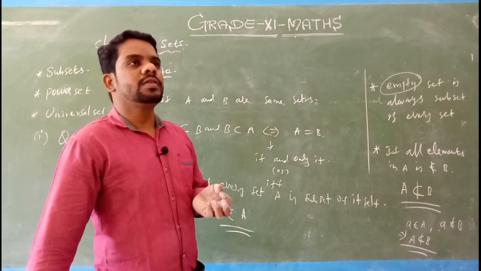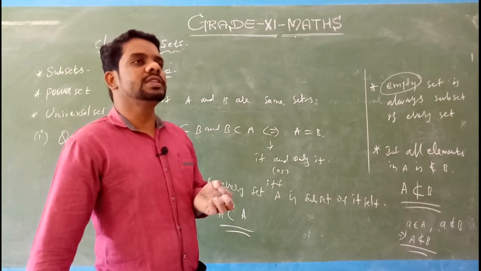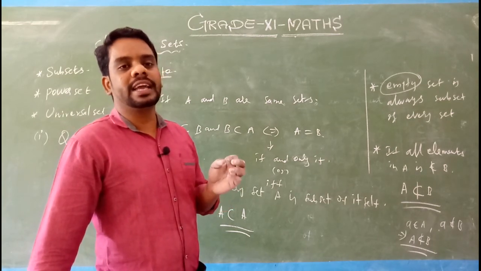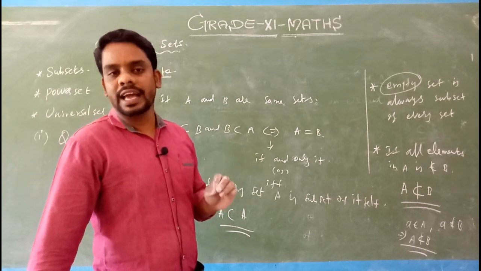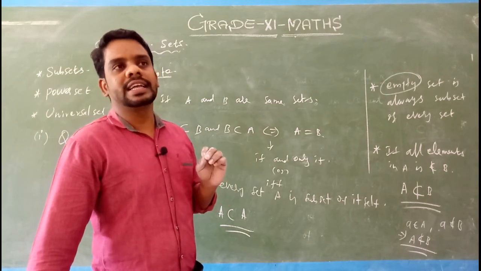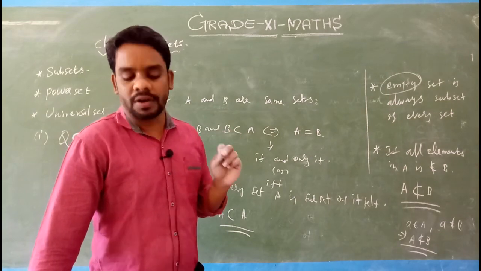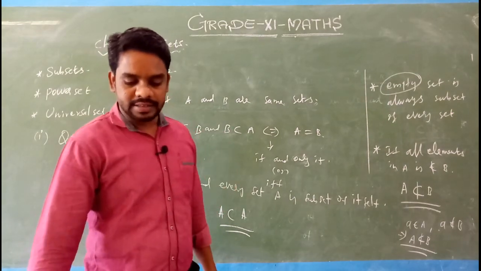So all elements in set B belong to set A. Therefore set A is a superset and set B is a subset.